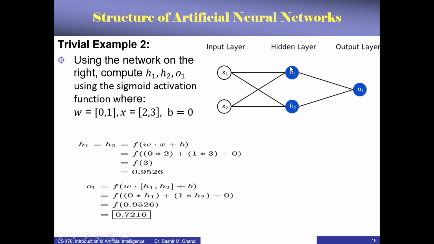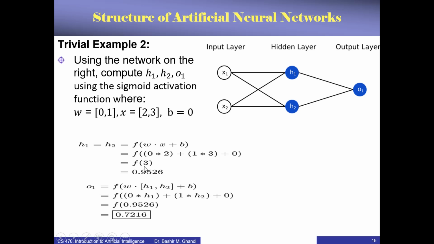So now that we have computed H1 and H2, we should be able to compute output 1. So output 1 is the same weight that is used. So it's going to be this vector here, 0, 1, times the output of these two nodes, which will be now serving as input to the O neuron here.